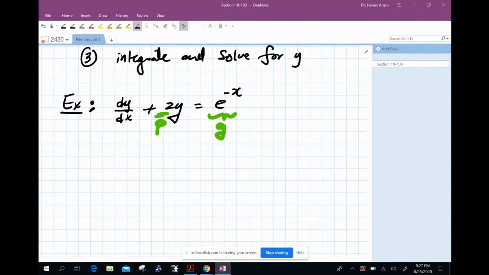So now I'm really glad that the number right here is 1. Therefore, I'm going to directly find my integrating factor. It's e to the integration of 2 dx, because that is my integrating factor.